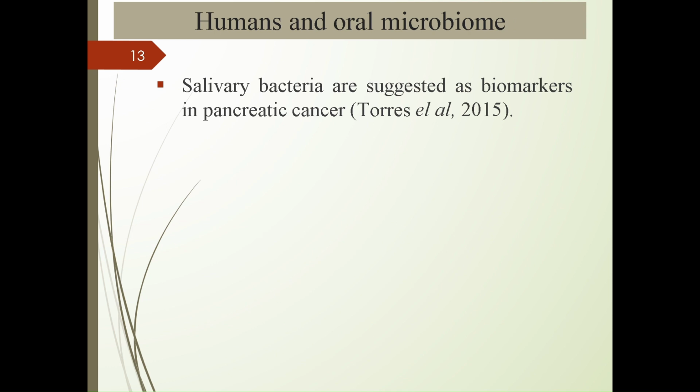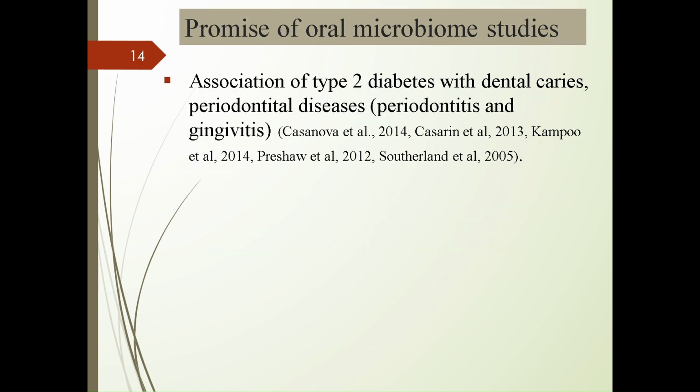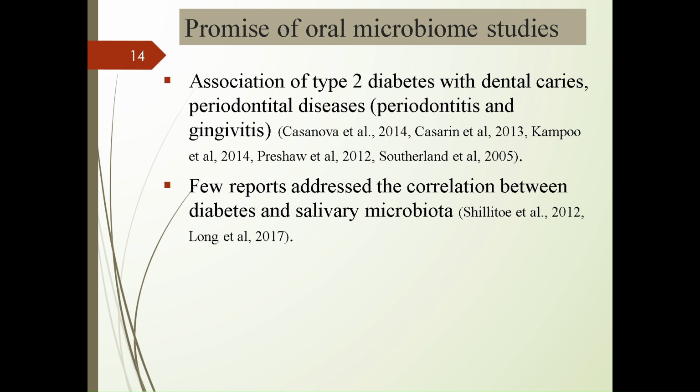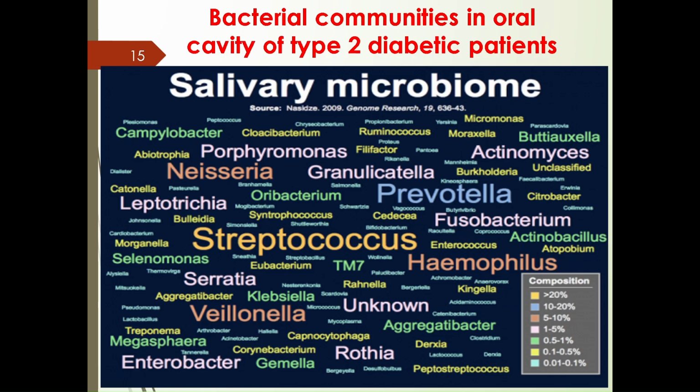Salivary bacteria have also been suggested as biomarkers in cancer. There are also reports that salivary bacteria have been associated with diabetic conditions. There are several reports I have mentioned here, but I'm not going into the detail because of lack of time.